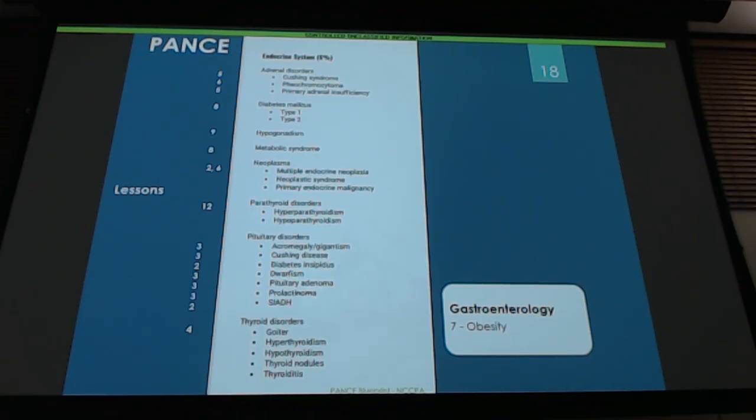And gastroenterology, so obesity, we talk about because it ties really well into diabetes and a lot of other endocrine discussions. Any questions so far? All right, let's do a question together. First order question. I have a handful of those. Do you know, does the PANCE ask first order questions? What do you think?